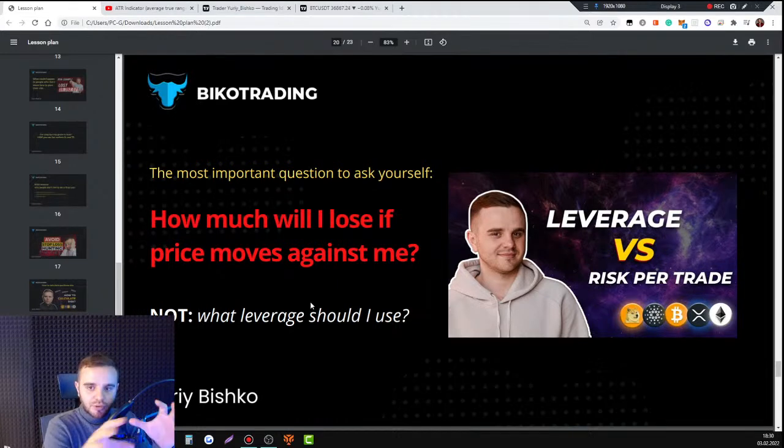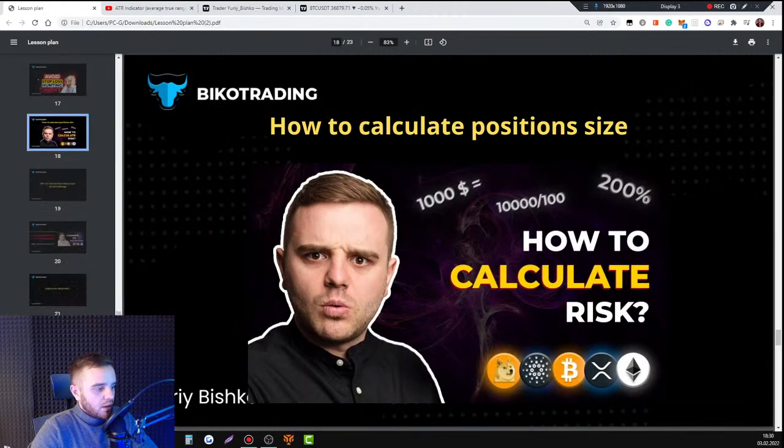How many of you can write into the chat about these three? Write into the chat right now about leverage, risk per trade, position size, and the difference between them. We should cover all of this because it is so vital for you to understand.